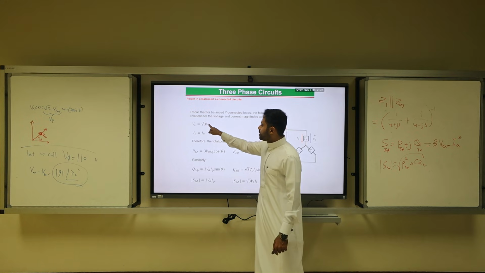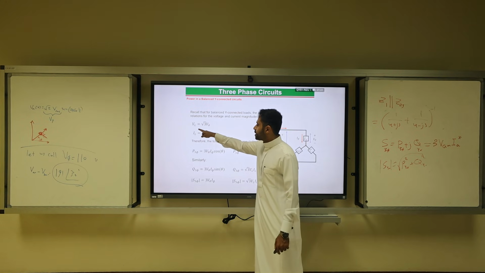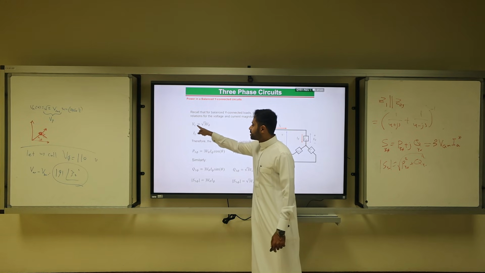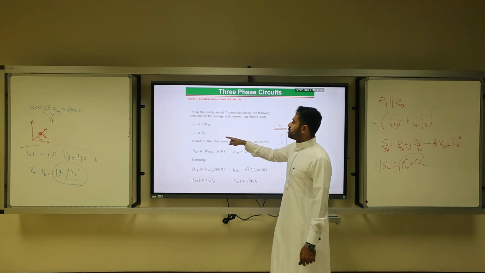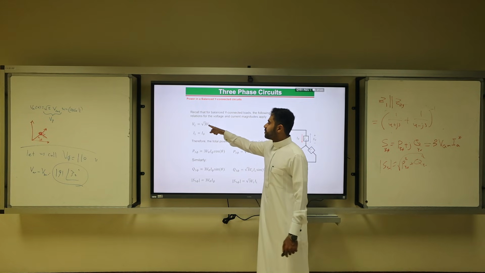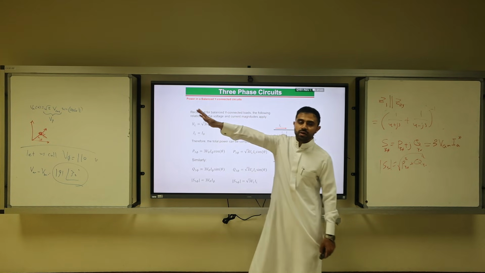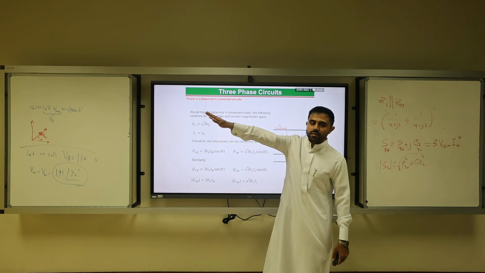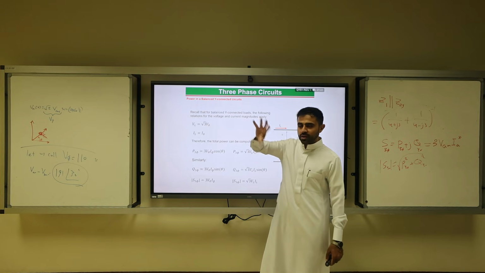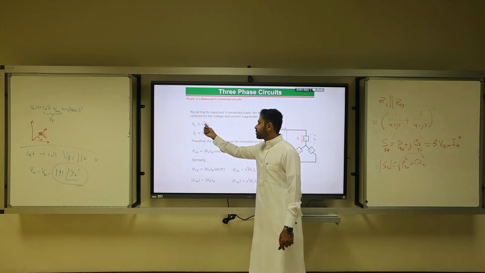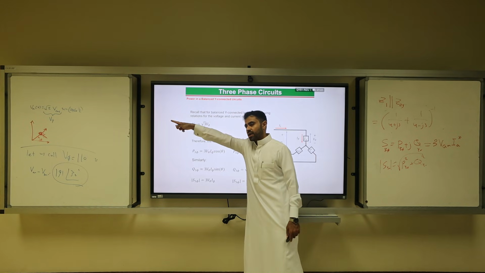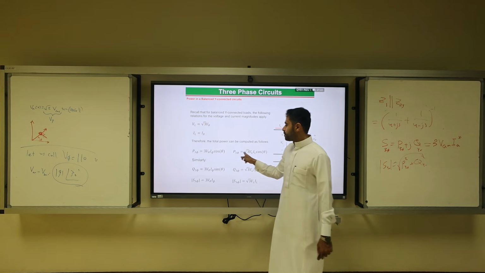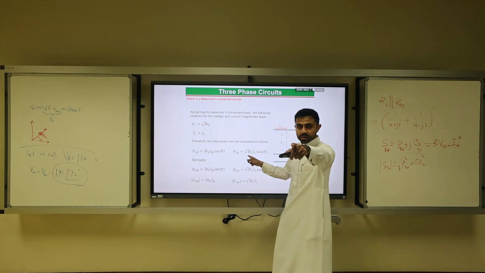Because of this equation: V phase is V line over square root of 3. If you substitute V line in the original equation, you are left with one square root of 3 outside, because square root of 3 times square root of 3 is 3. Get it? Why it's square root of 3?